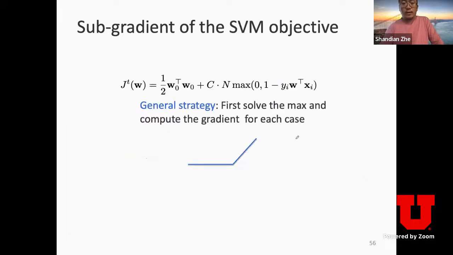Okay, so now let us apply subgradient to the SVM objective. This max function is actually a piecewise function. When 1 minus the function margin is less than 0, the function's value is 0. Otherwise, 1 minus this term is a linear function. We can use an arbitrary subgradient for this, but here we just use a very simple one.